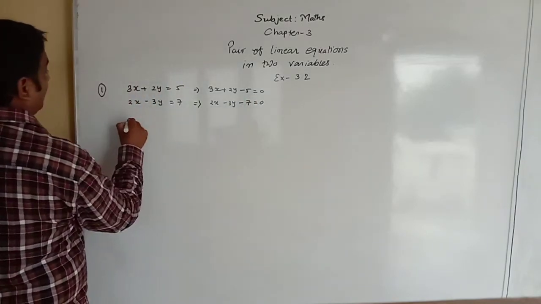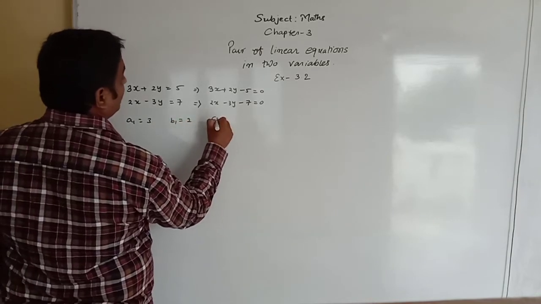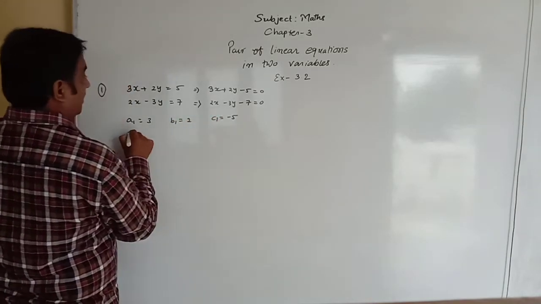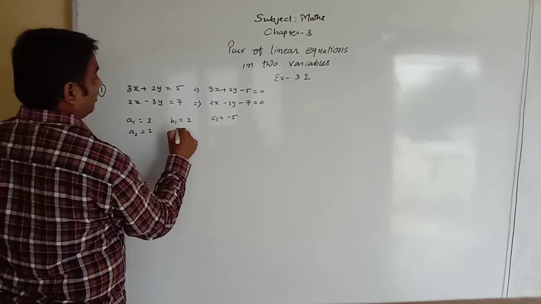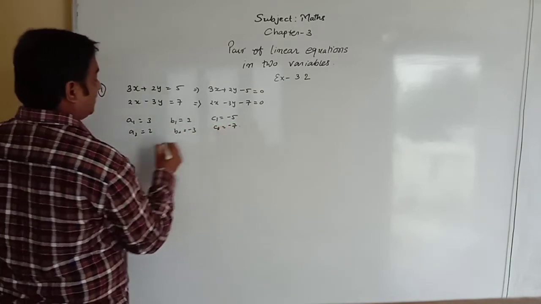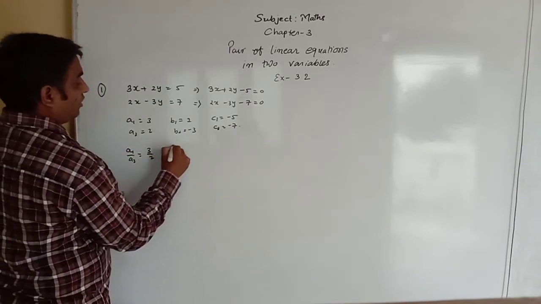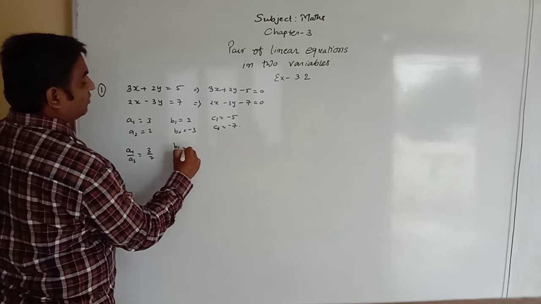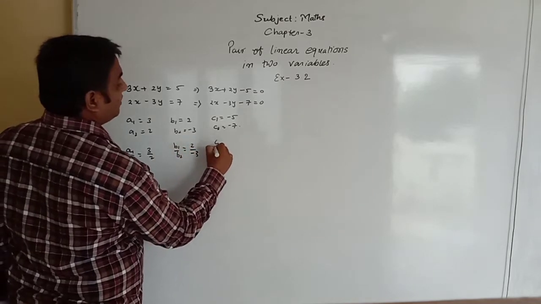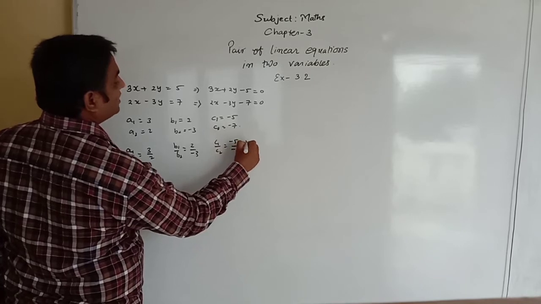And so a1 equals 3, b1 equals 2, c1 equals minus 5, a2 equals 2, b2 equals minus 3, c2 equals minus 7. So we can see that the a1 by a2 ratio is 3 by 2, b1 by b2 ratio is 2 by minus 3, and c1 by c2 ratio is minus 5 by minus 7, which is 5 by 7.